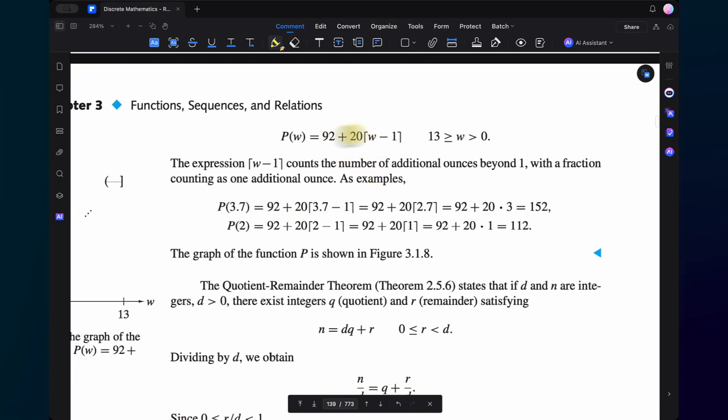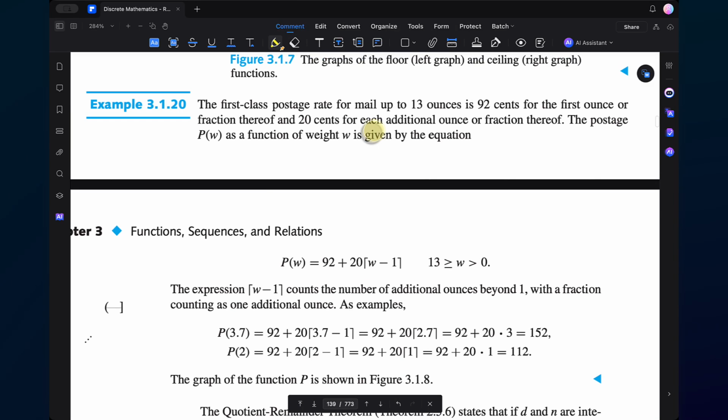If we had this function P, I guess the postage function, right? The first class postage rate for mailing up to 1 ounce is 92 cents, and 20 cents for each additional ounce or fraction thereof.